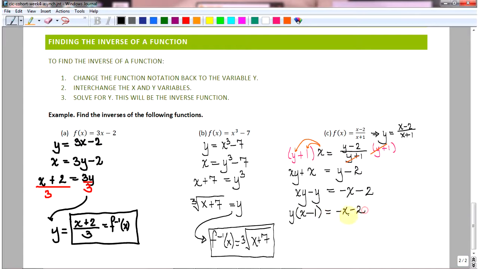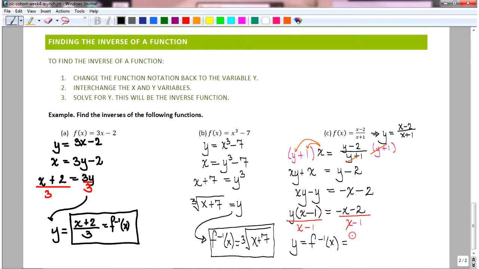So now we're almost done. Our last step to get y by itself will be to divide by x minus 1. Okay, so those will cancel, just leaving us with y. And since we know we have y by itself, that means that's our inverse function.